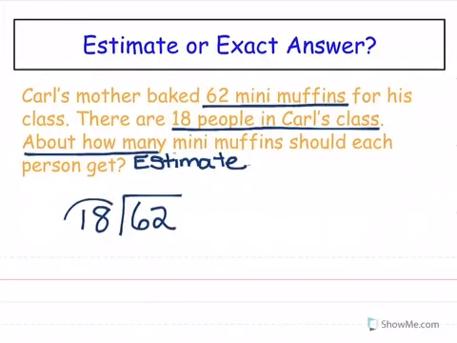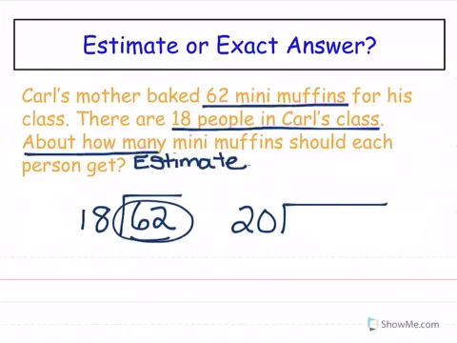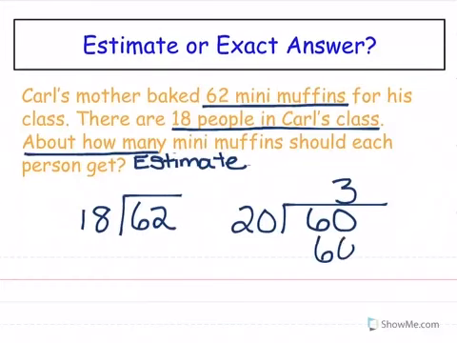So I'm going to look at 18 and I'm going to round that to 20. And then I'm going to look at our dividend, which is 62. And 62 is close to 60, so I'll round it to 60. Now I can just do 60 divided by 20, which is 3.